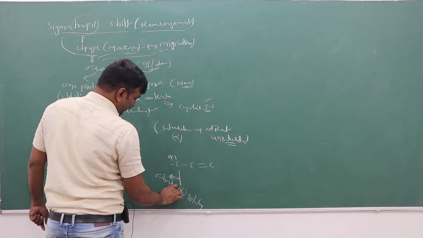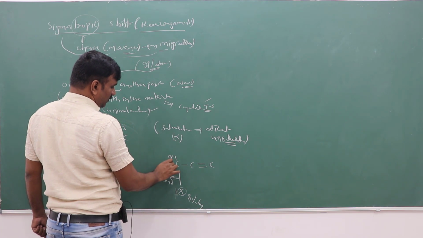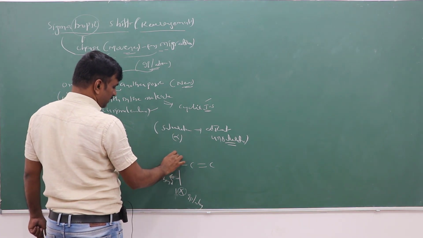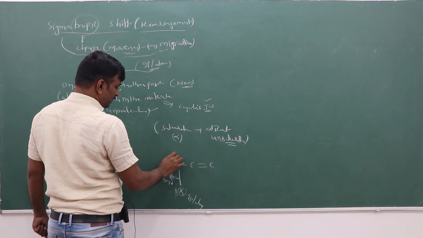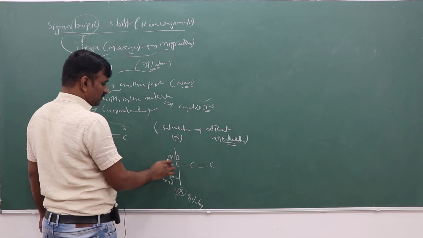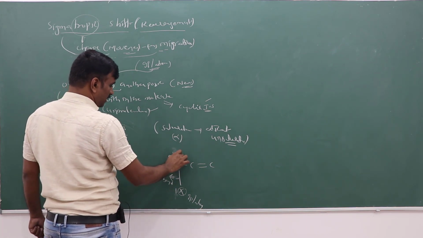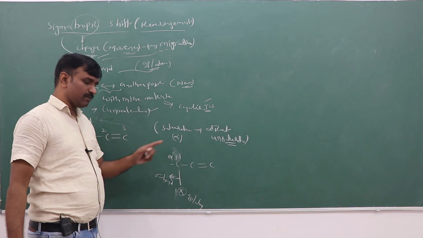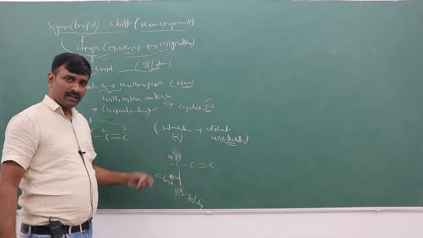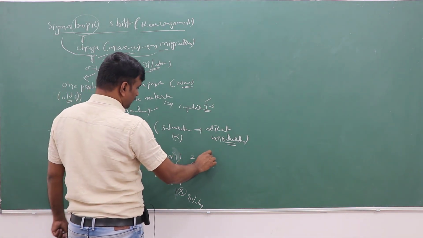After identifying the migrating sigma bond, give the numbering for each end of the migrating sigma bond as 1 and 1, both sides, and continue till the end of the unsaturation.